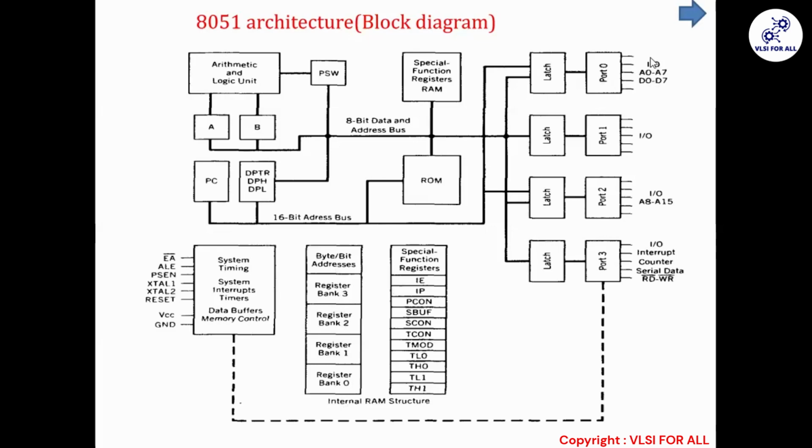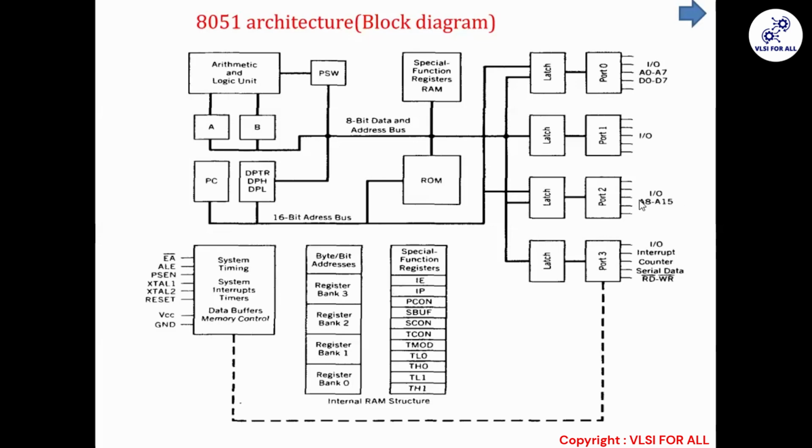So your port 0 is IO port as well as address port for the external memory. Port 1 is purely IO port, only for data. Port 2 is IO port as well as higher bits of address. Look now. If I'm saying I can deal with the external memory, how many address bits are there?